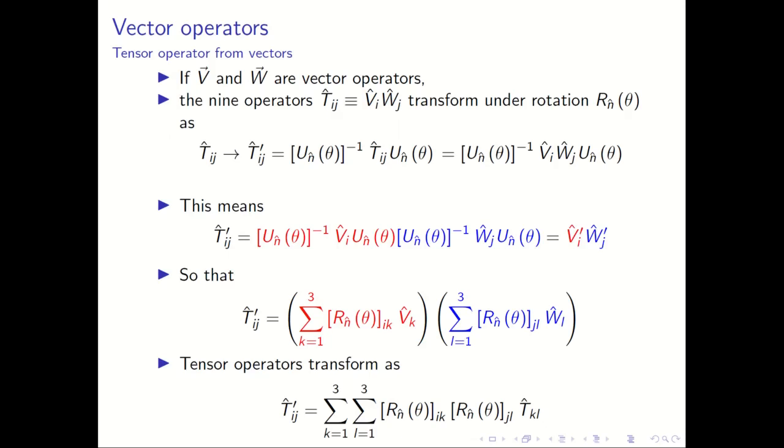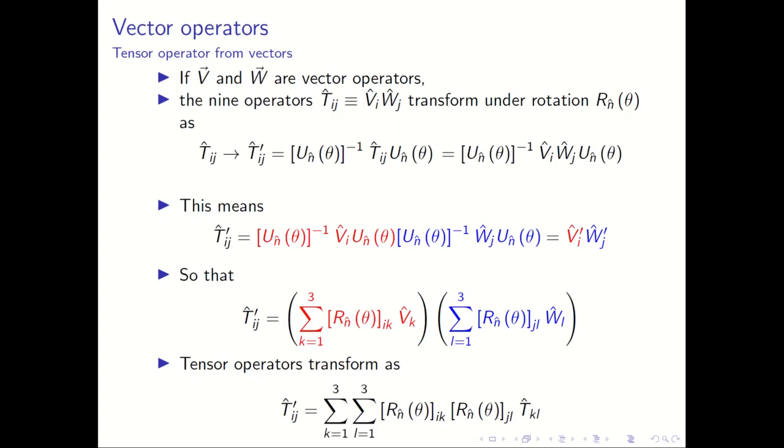Tensors of rank 3 would have 3 indices, 3 Rn hat theta factors. So t hat ijk prime would change to a sum over a, b and c running from 1 to 3 of Rn hat theta ia, Rn hat theta jb, Rn hat theta kc, t hat abc.